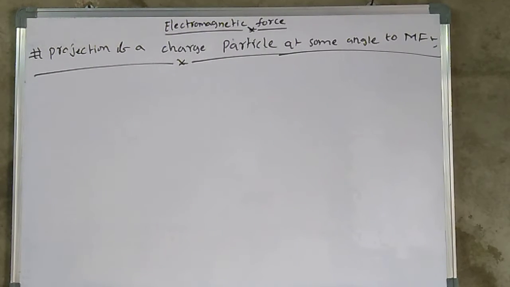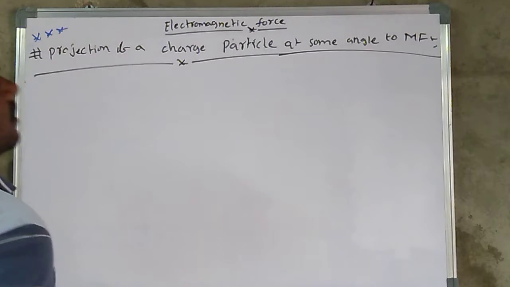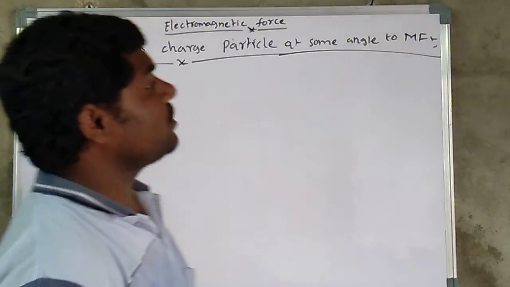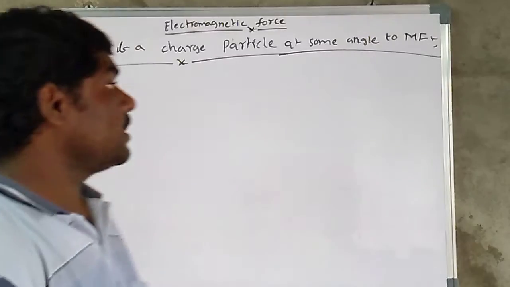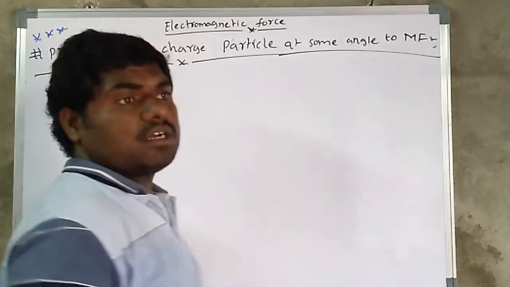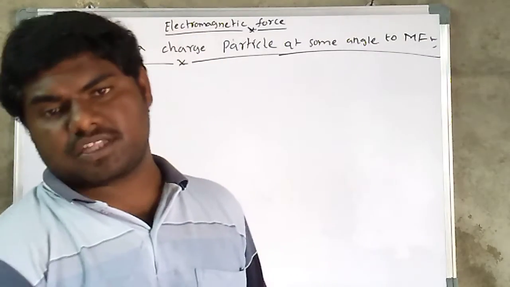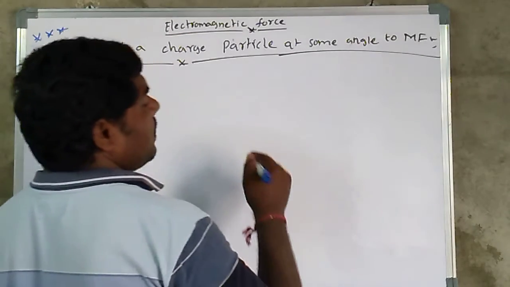Here is a very important topic, you may put triple star here. The projection of a charged particle at some angle to the magnetic field. Previously we discussed normal to the magnetic field and parallel to the magnetic field, and here it is some angle to the magnetic field.